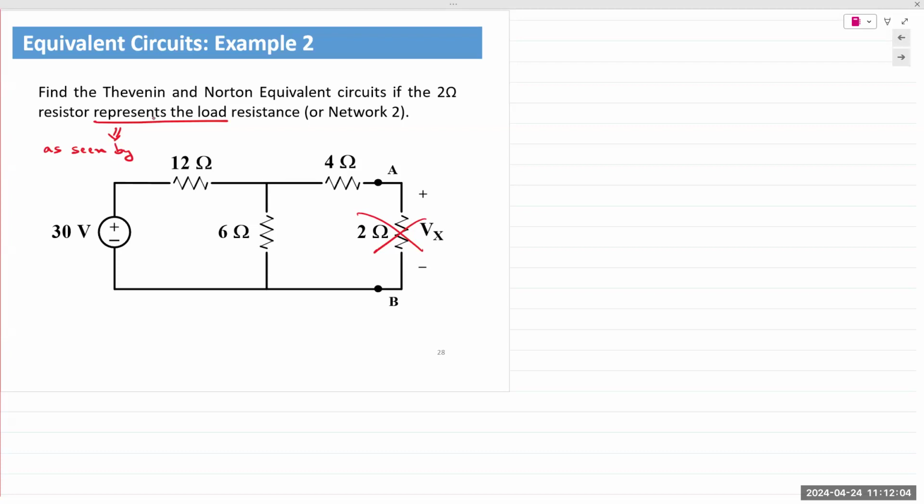So draw out the circuit that you think is required to determine Thevenin resistance. To do that, you take a look at the circuit and draw out all of the resistors as they are. You have to define your analysis terminals. In this case, 2 ohms is not part of the analysis. So when we remove the 2 ohm resistor, we are left with open terminals A and B, which are the terminals of analysis.